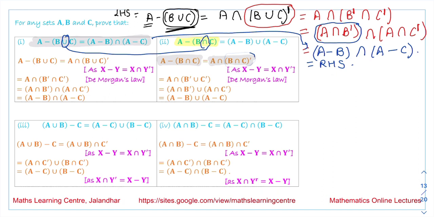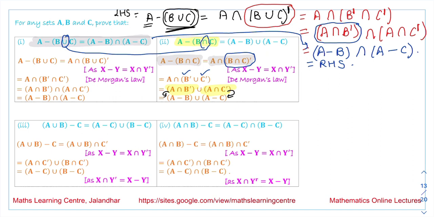Again, on this term we are using De Morgan's law, and we obtain B complement union C complement. Now separating these two terms, we obtain this is equal to A minus B, and this term is equal to A minus C, and this is what we have to prove.